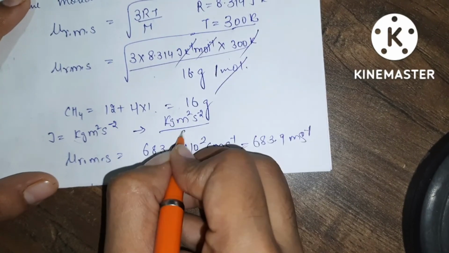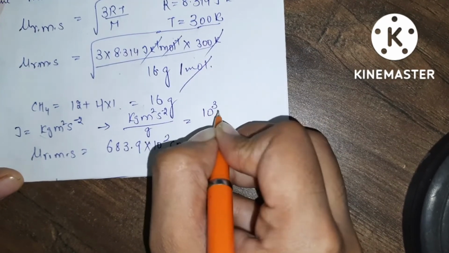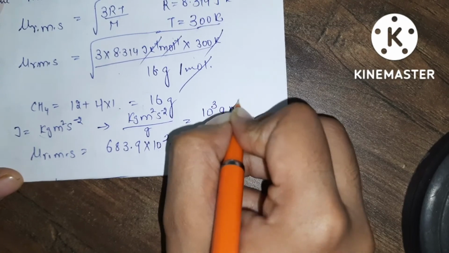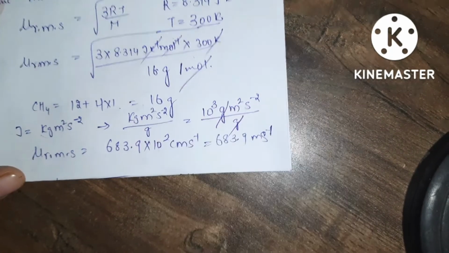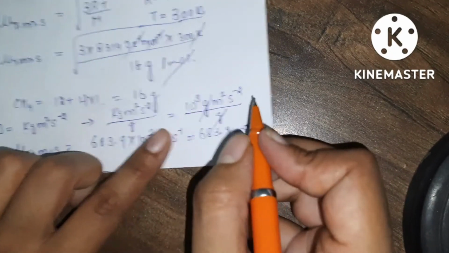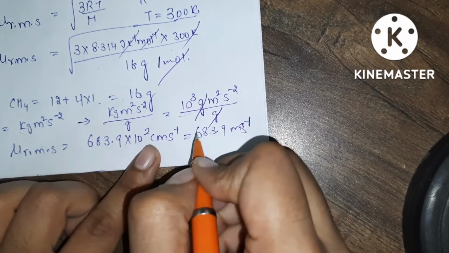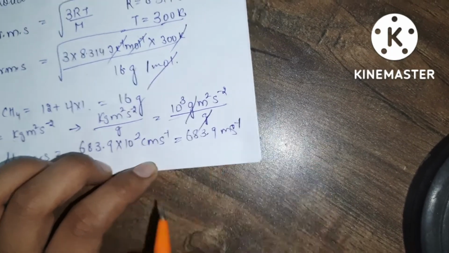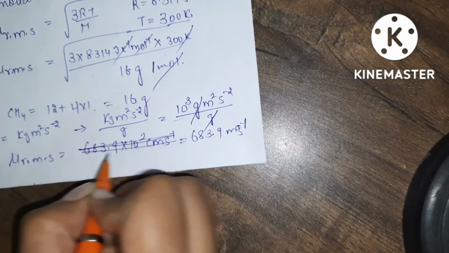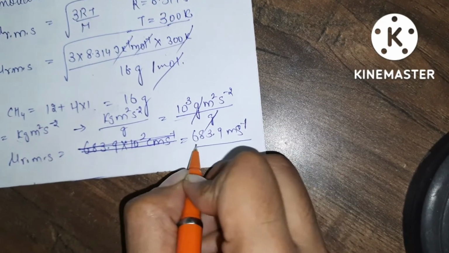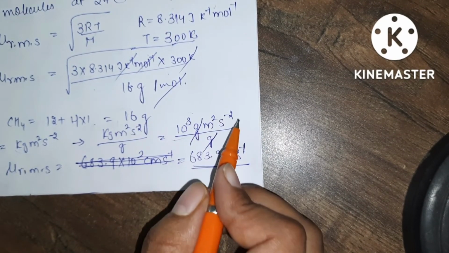In the denominator I have kilogram. I can change kilogram into gram by putting 10 power 3 gram meter square per second square by gram. Gram and gram cancel each other. Now I have 10 power 3 inside the root, giving meter square per second square.